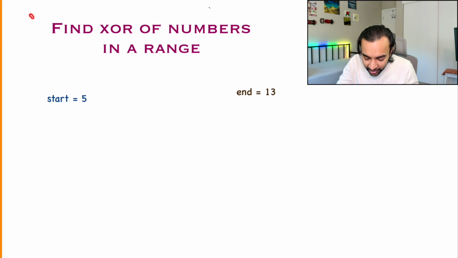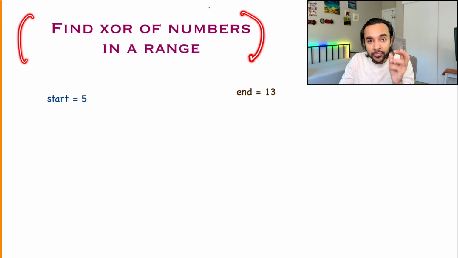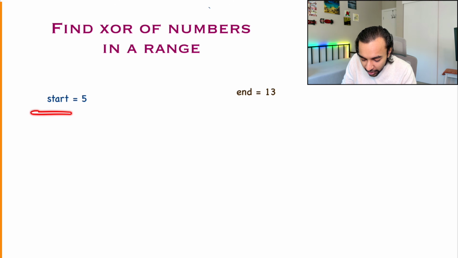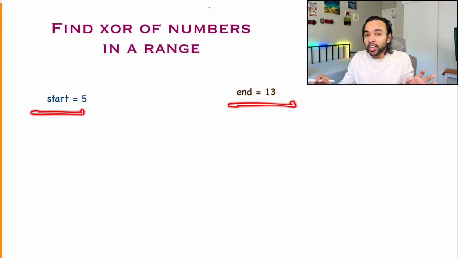So can we apply this concept to solve our original problem where you had to find the XOR of numbers in a given range? You are going to understand it in just a little while, and you are going to appreciate it so much. Let us look back at our original problem. You need to find the XOR of numbers in a given range. The value of start is 5 and the value of end is 13.